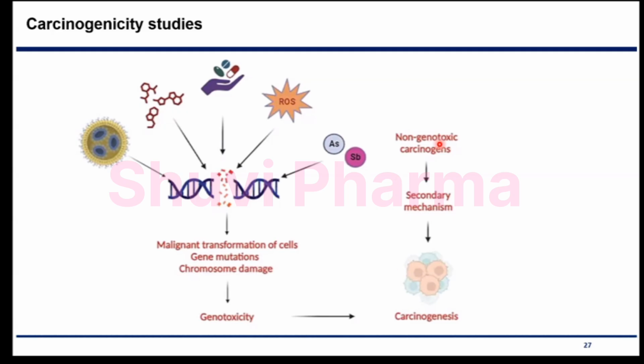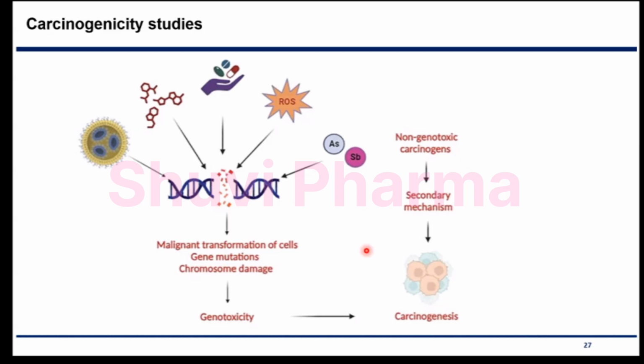Or the non-genotoxic mechanism, where your drug is not interacting with or binding to DNA, but the mechanism of your drug target or drug interaction is such that it leads to proliferation of the cells. For example, epidermal growth factors, right? So it will lead to an increase in cell proliferation, and that will lead to cancer formation.